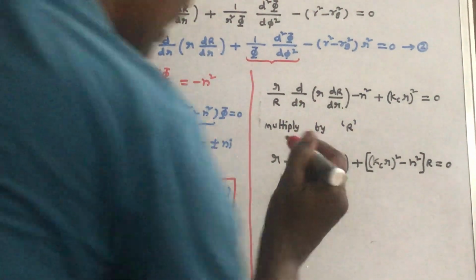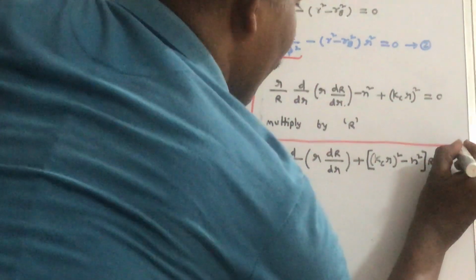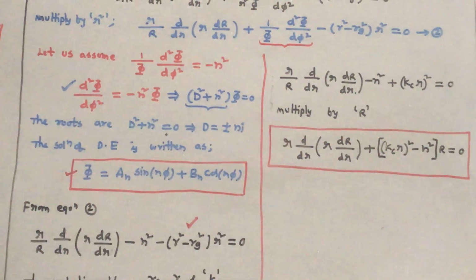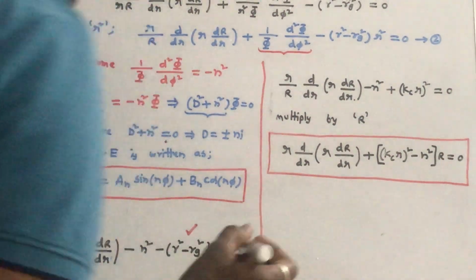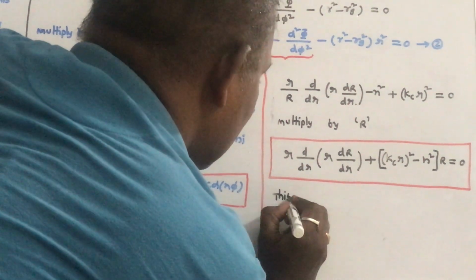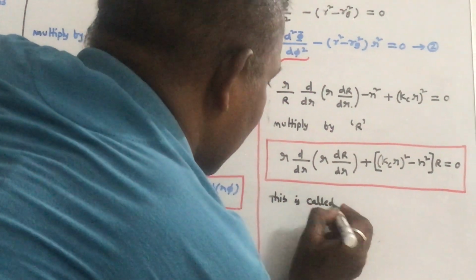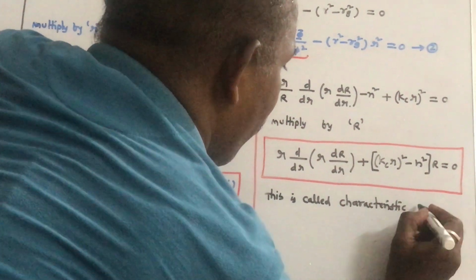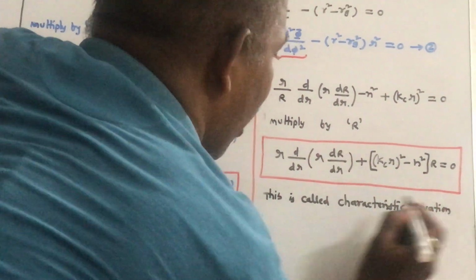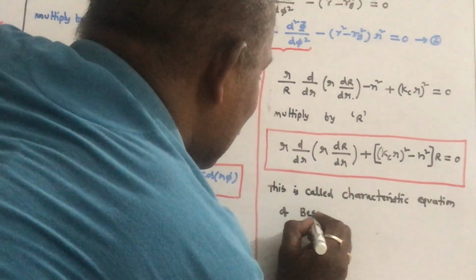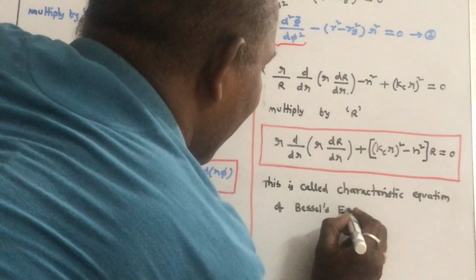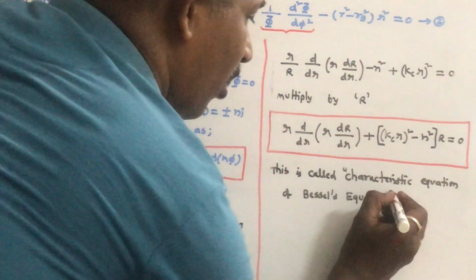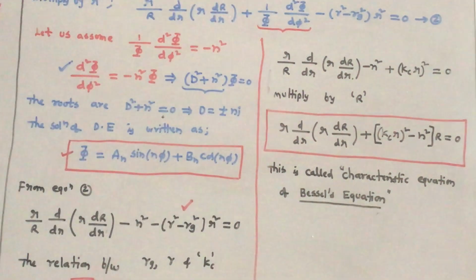So this is a very important equation. This is called the characteristic equation of Bessel's equation. So this is what you have to derive in the exam.